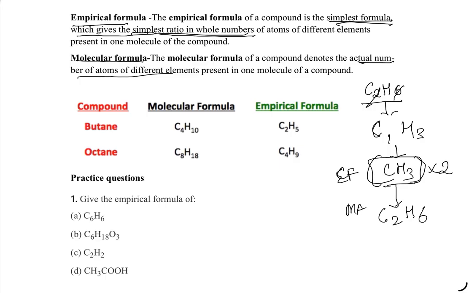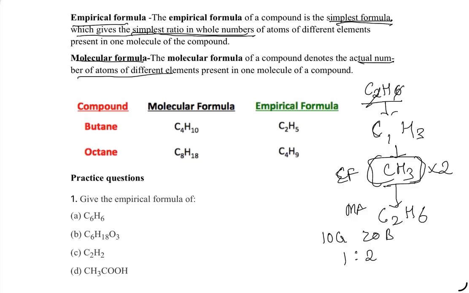Or you can understand it another way if you are finding it difficult to understand from the definition. I'll give you an example. Suppose in your class there are, let's take, 10 girls and 20 boys. If somebody asks you what is the ratio of girls to boys in your class, we can say 1:2.